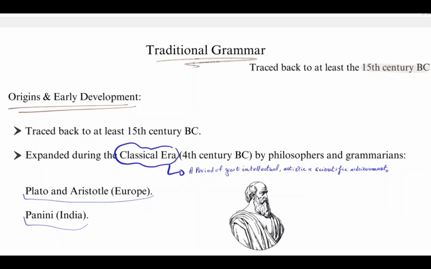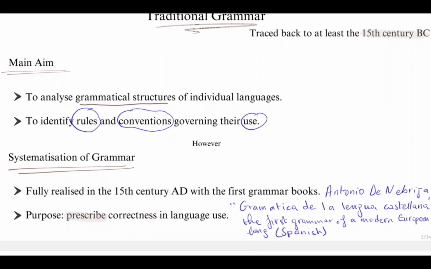When we say the classical era, we're talking of a period of great intellectual, artistic, and scientific achievements by philosophers and grammarians such as Plato and Aristotle in Europe and Panini in India. The main aim of traditional grammar was to analyze grammatical structures of individual languages, and that is, of course, to identify rules and conventions governing their use.